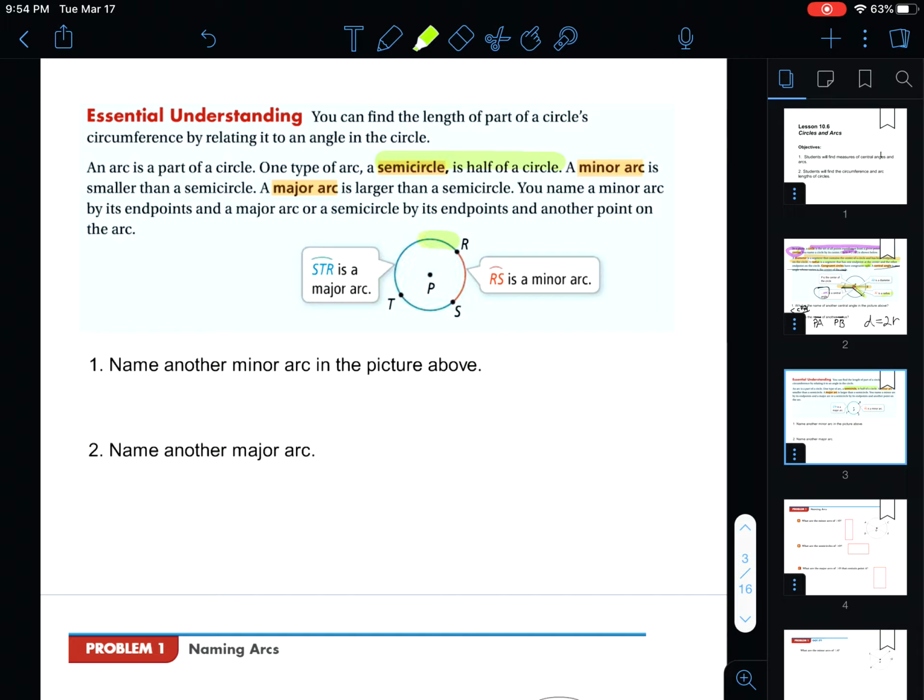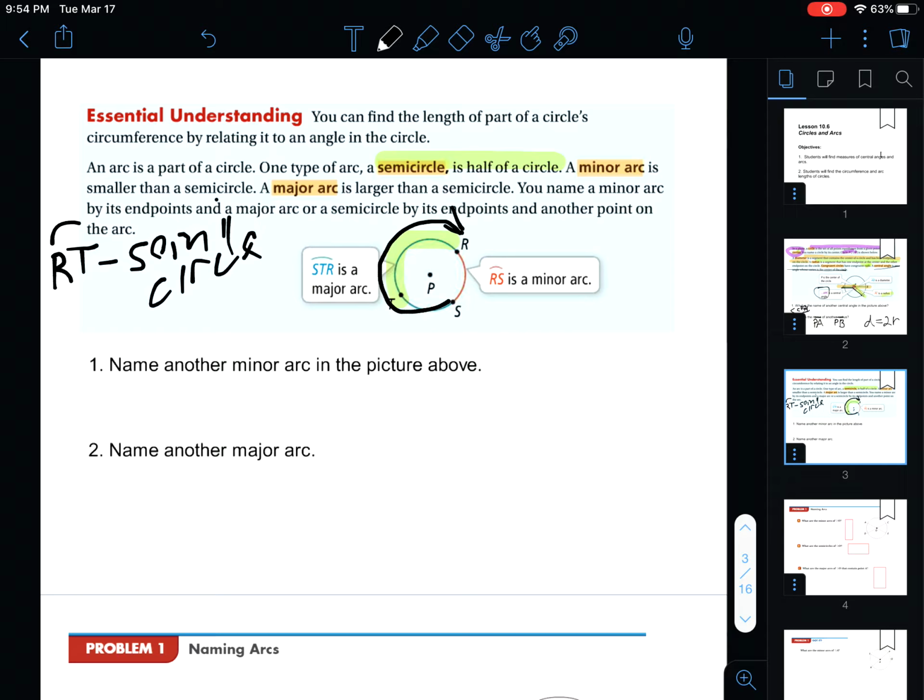So in this, all the way around from RT, you get a semicircle. So arc RT is a semicircle. And STR, that is all the way around, okay? STR is a major arc. The minor arc is the lesser one, SR, or RS, is a minor arc.